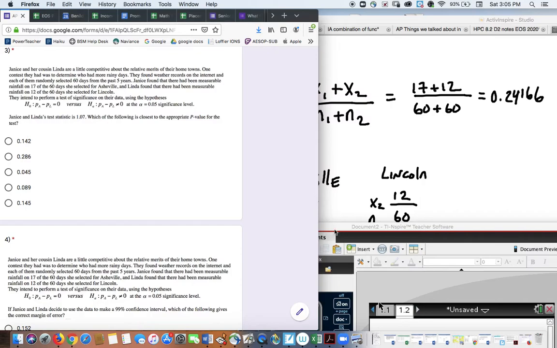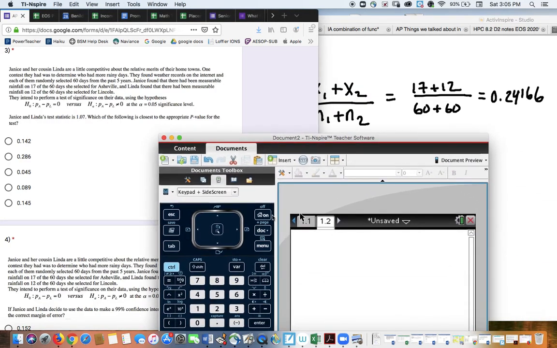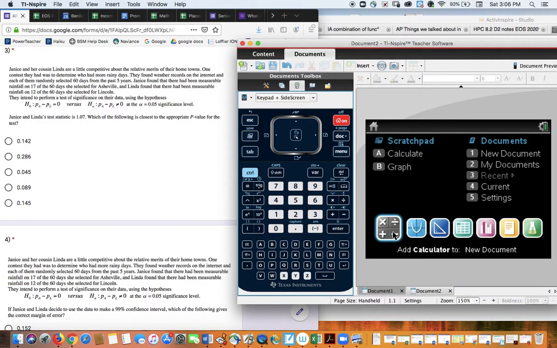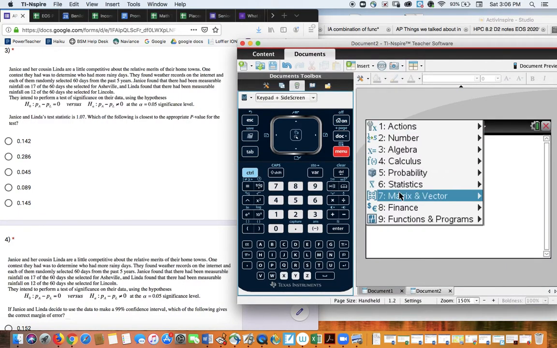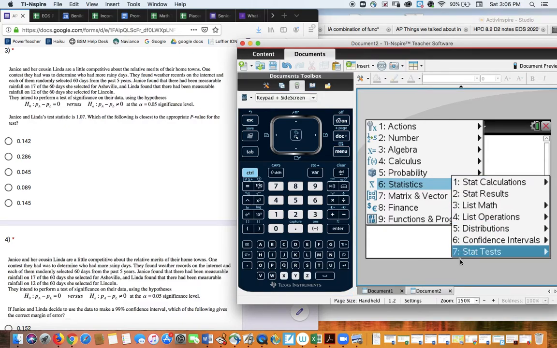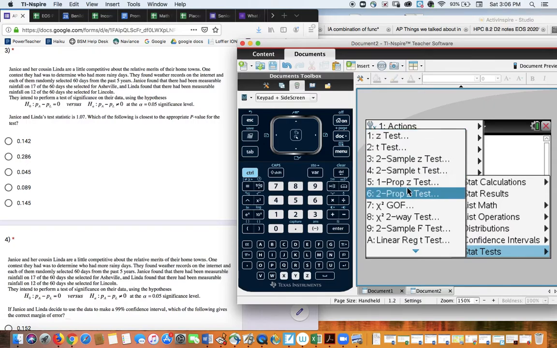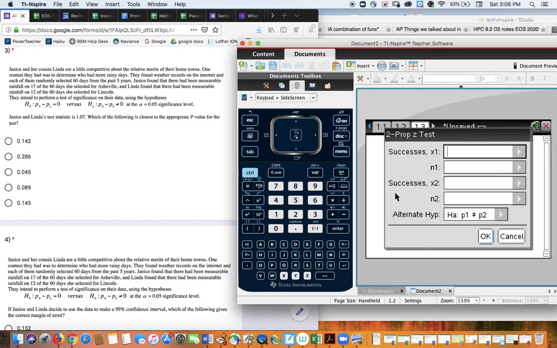So if I'm going to find a p-value, I'm going to go to Menu, Statistics, Stat Tests, and then this would be a two proportion z-test. Z goes with proportions.